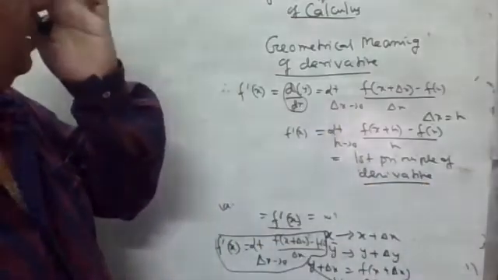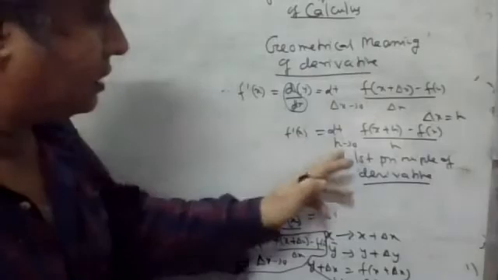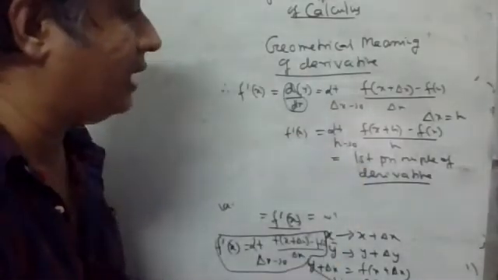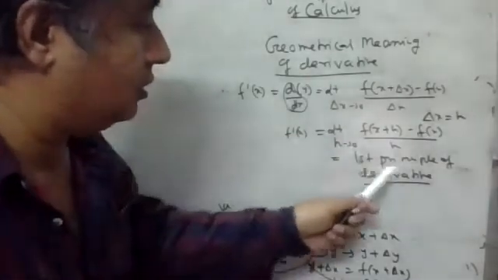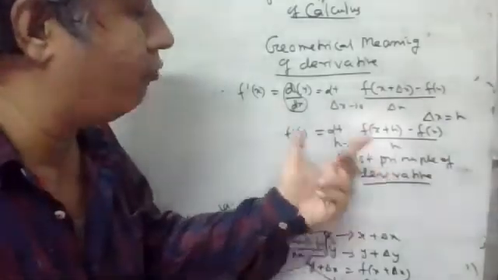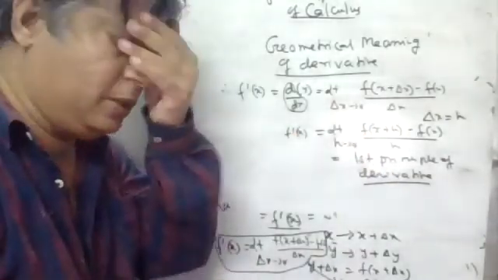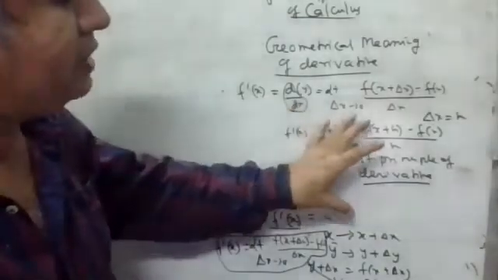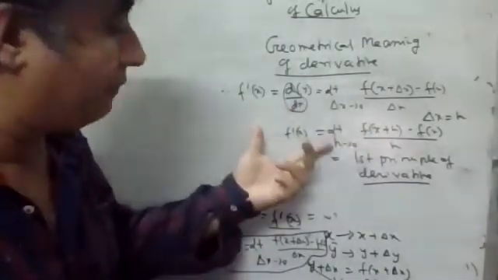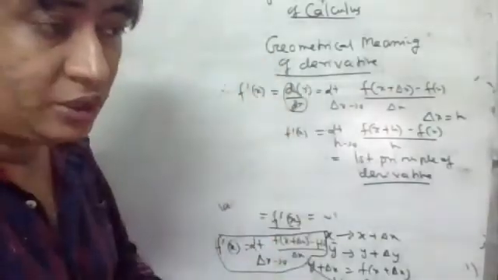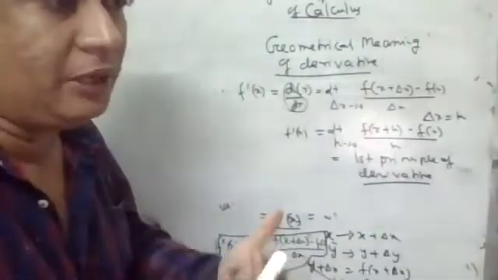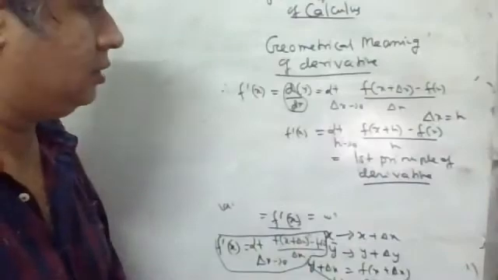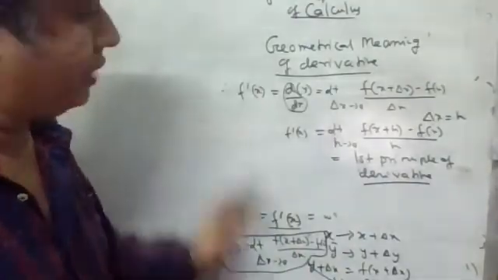Note down this important property. This is called the definition of derivative. From this definition, all the rules and standard formulas of differentiation come.